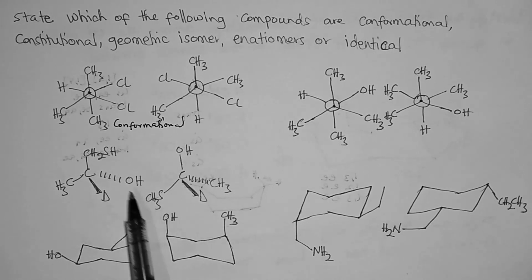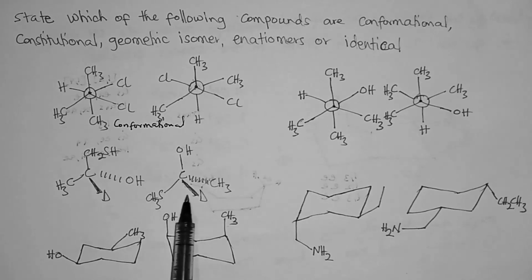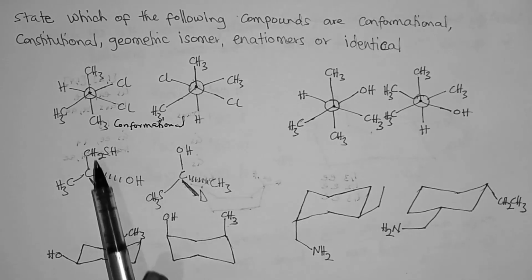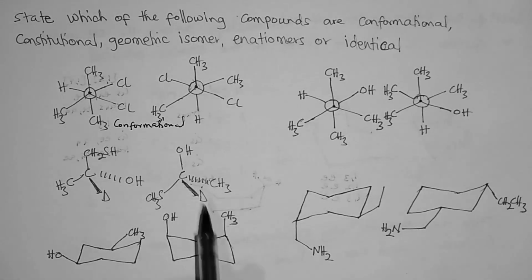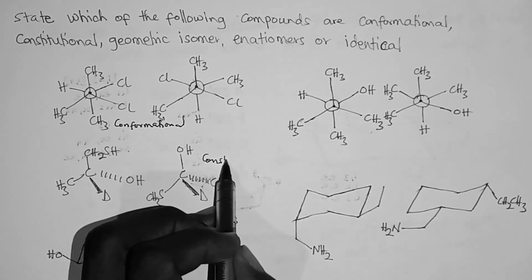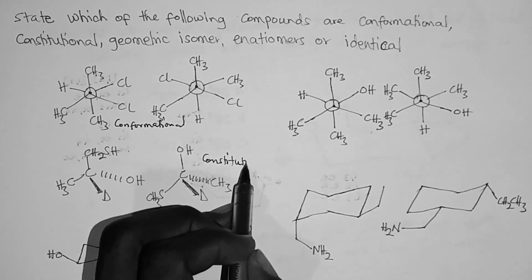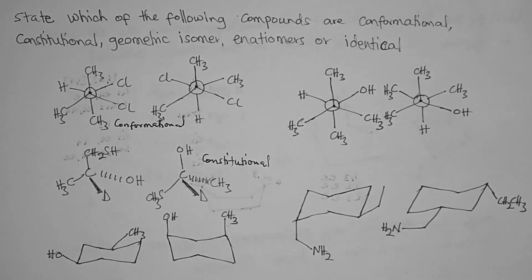So you can see that these two differ in terms of the positions in which the atoms are connected to each other. And anytime you talk about positional isomers, you are talking about constitutional isomers. So these two are constitutional relationship.